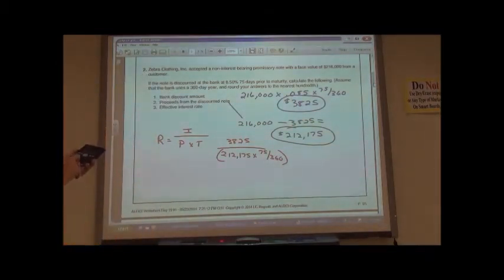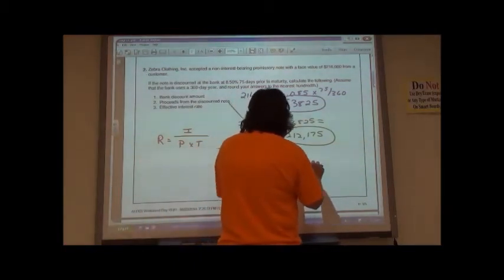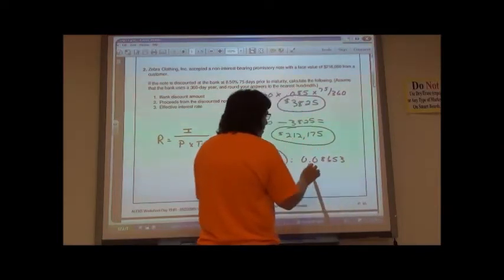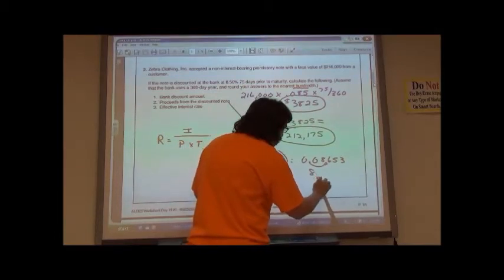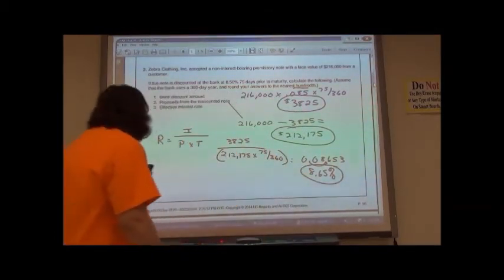Let me do that again. 3825 divided by parentheses 212,175 times 75 divided by 360, close my parentheses. Now I got a decimal answer. I got 0.08653. I want to round it to the nearest hundredth, and so I'm going to say 8.65% would be my effective interest rate.